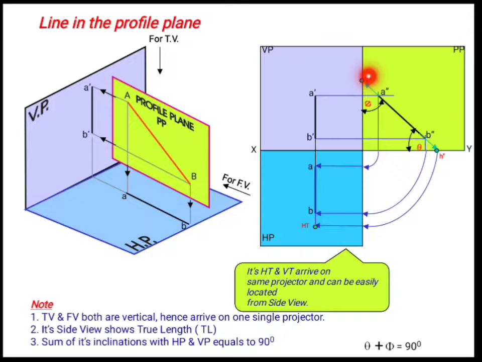Similarly, I can project the V double dash towards the vertical projector of A dash B dash and get this intersecting point. That point will be the vertical trace VT.